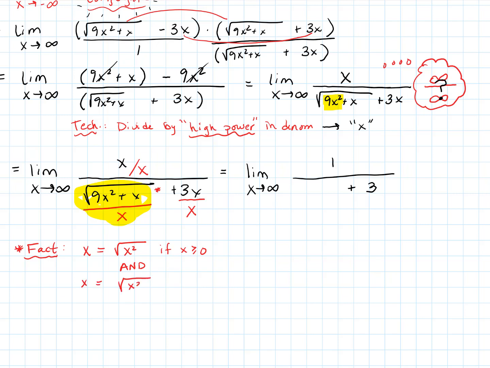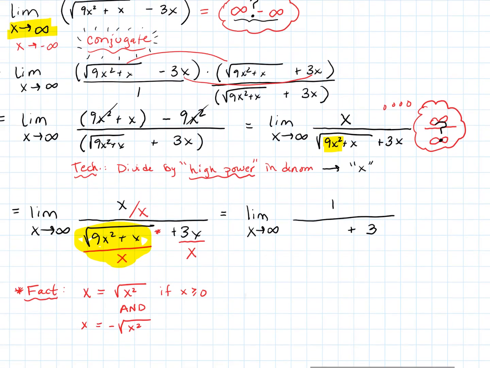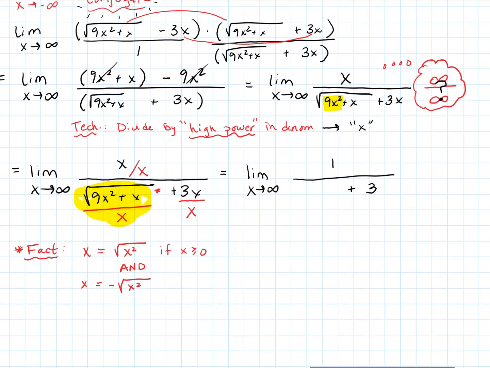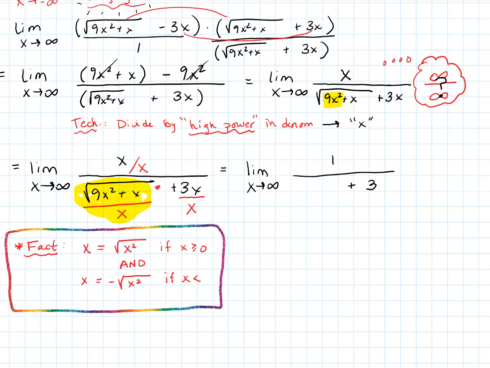Remember at the beginning I said we could also consider what happens if we were going to negative infinity. If we were going to negative infinity and our x's were negative, we would have to use the second half of this fact. This is a fact worth remembering as we work with algebraic manipulations.